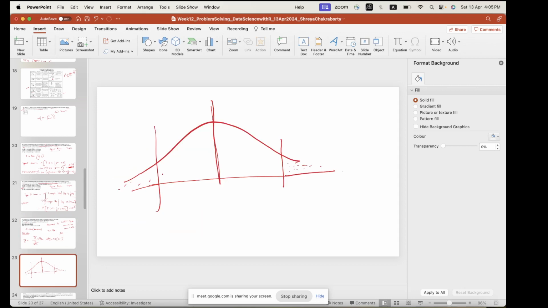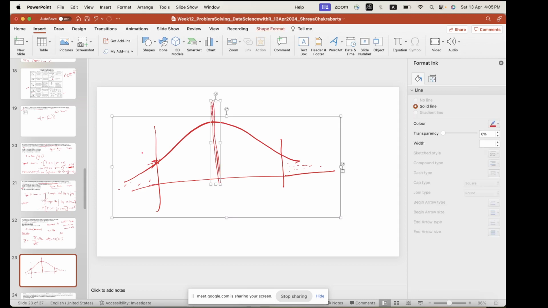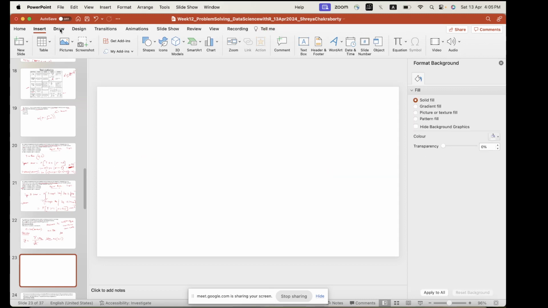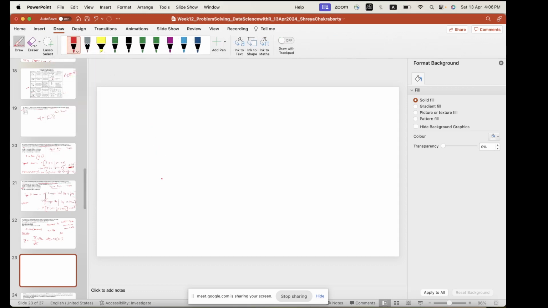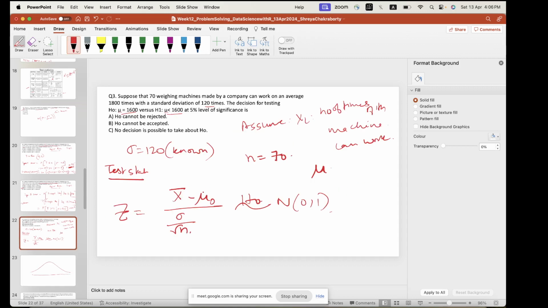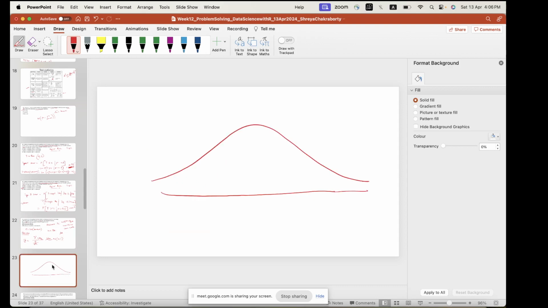So therefore, since this is a one-sided test, our decision rule is: if mu is less than 1600, if x bar is less than 1600, then this difference would be negative, so it would fall on, let's say, this extreme.